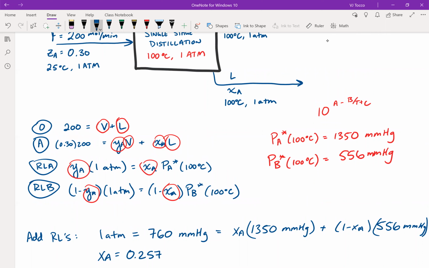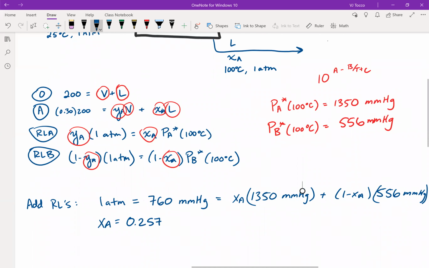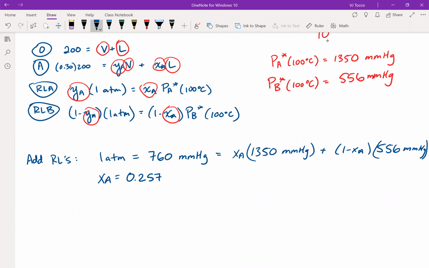Component A is going to be more volatile, meaning it's going to be enriched in the vapor product and depleted in the liquid product. And here I have a liquid composition that is less than what I started with, so everything is making sense to start off. Now that I have XA solved for, I can plug back into either one of the Raoult's laws in order to find YA.